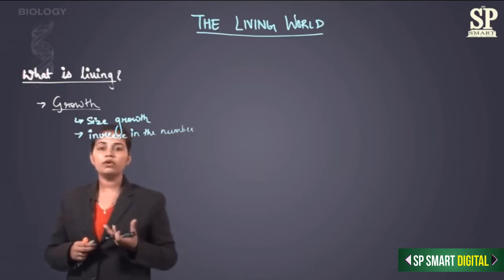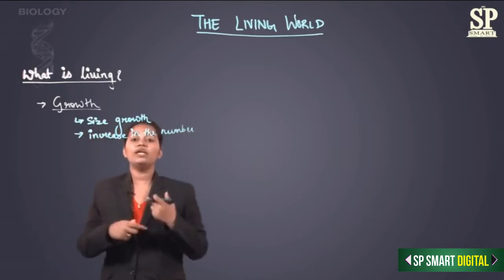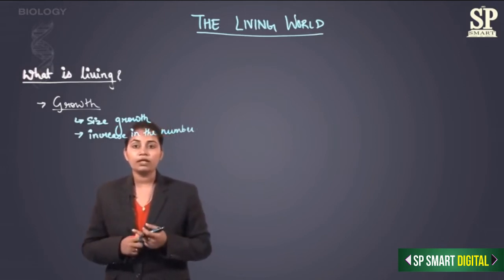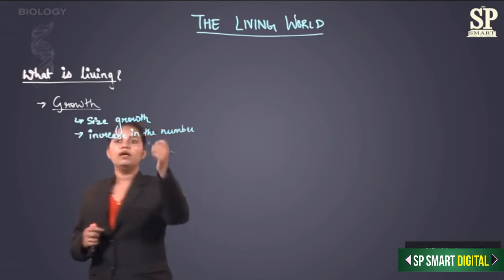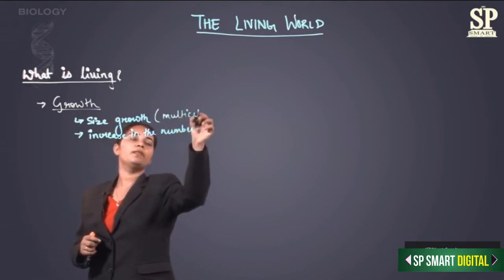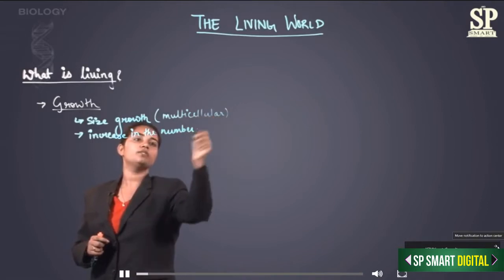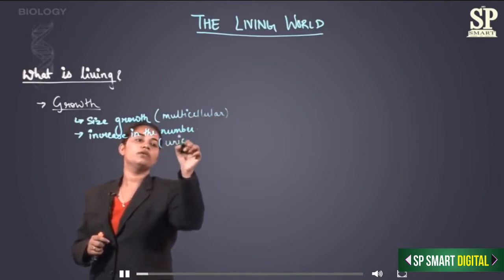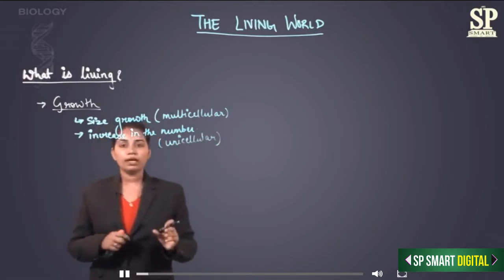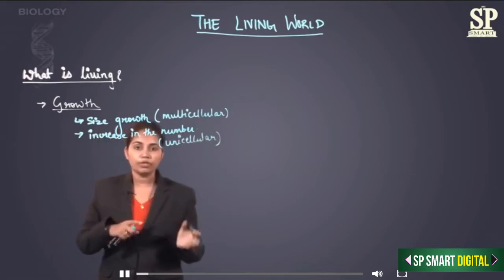Usually unicellular organisms increase in numbers rather than growing in size, and multicellular organisms usually grow in size. So in unicellular organisms, I can relate growth with reproduction, right?